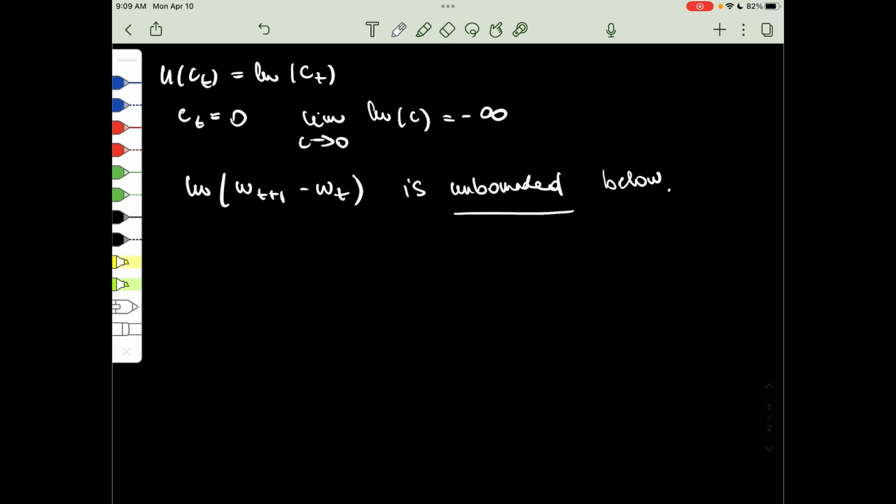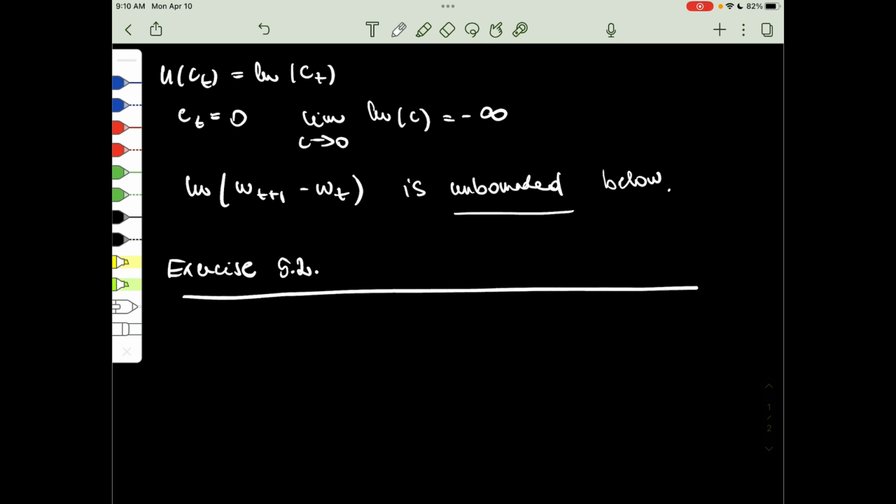For more context, please check exercise 5.2, which is the cake eating problem in the textbook, and there the cake eating problem is solved with the algorithm of section 4.4, so of this section. So this is the context.